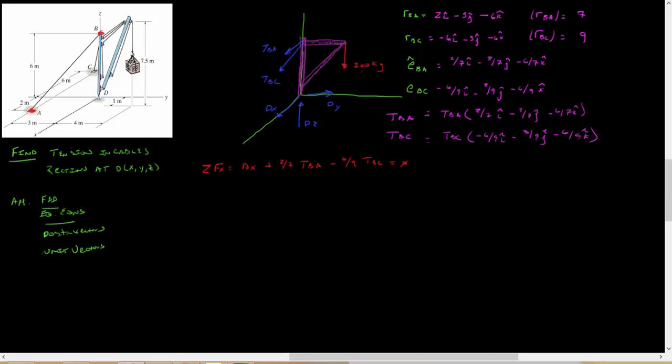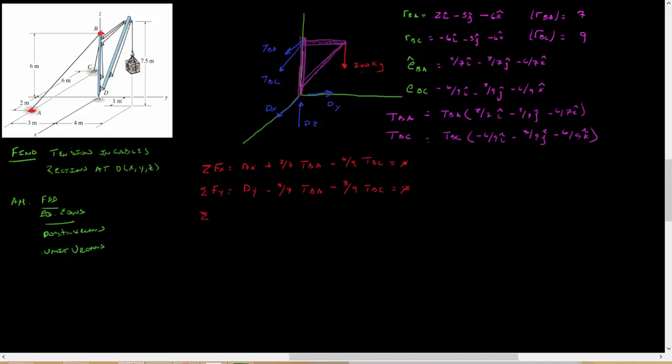I have my x, I have an x in the TBC, and I have an x in my TBA, so I write them all in here. If I sum my forces in the y, I have Dy minus 3 over 7 TBA minus 3 over 9 TBC is all equal to 0.